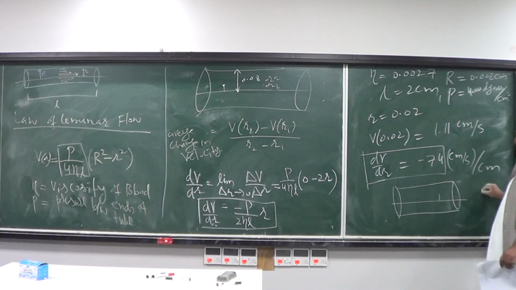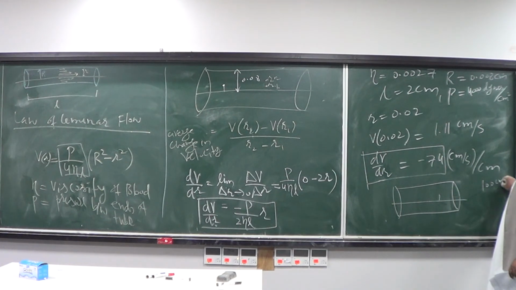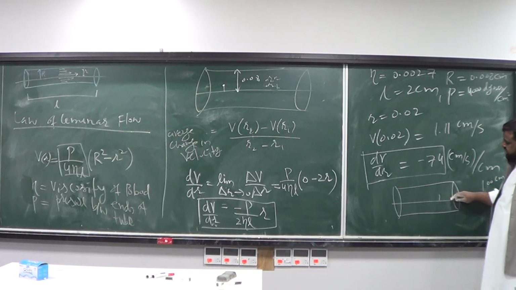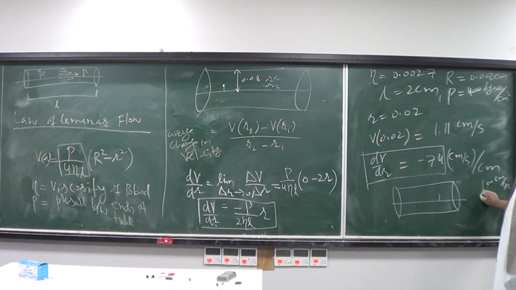So if your velocity in the middle is, say, 100 centimeter per second, and you move away 1 centimeter from this middle axis, then your velocity will be 100 minus 74, which is 26 centimeter per second.